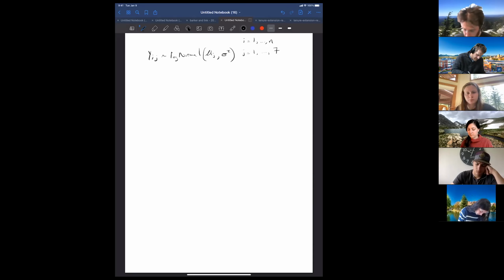Now the mean, the expected value of our nitrogen count at site j, is going to equal an intercept for each site, plus our relationship to stream flow at each site.